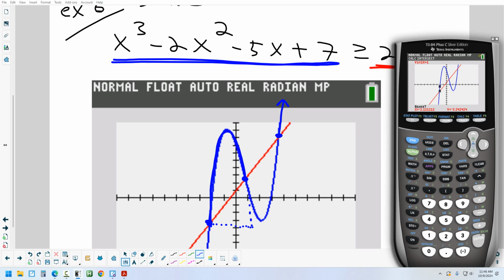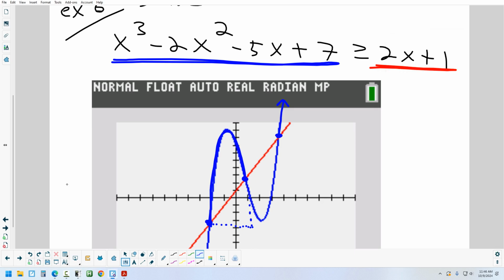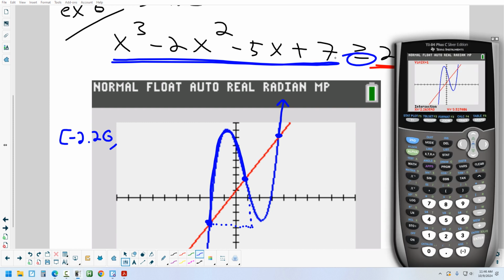So you can pick x values between negative, I think it's, yeah, negative 2.26. And you can include it because of that. And you can go up to, it looks like it's a little bit less than 1 on the x-axis. But I need to figure out what it is exactly. So go over here. 0.76.